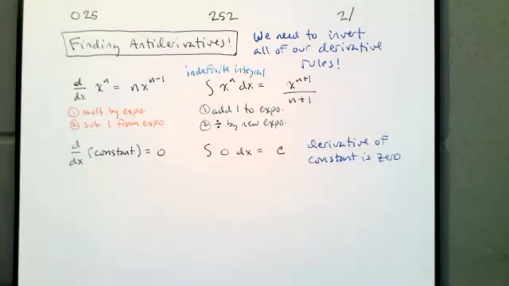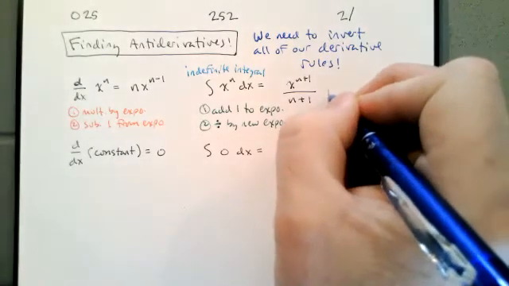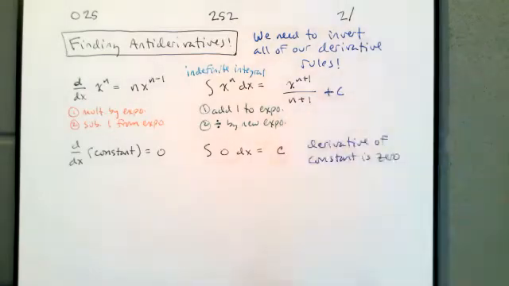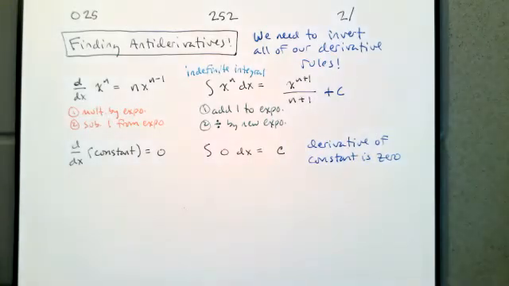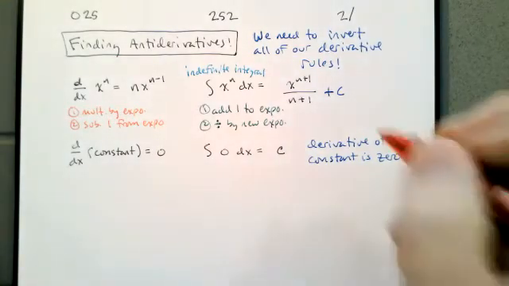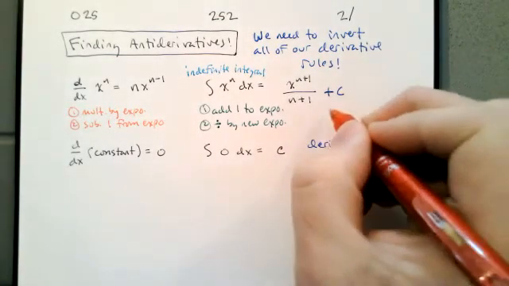And so when we do indefinite integrals, when we do antiderivatives, we tack on a plus c. That's the constant that we lost information on. We need additional information to find out what that is. And that's called the constant of integration. So this plus c is called the constant of integration.